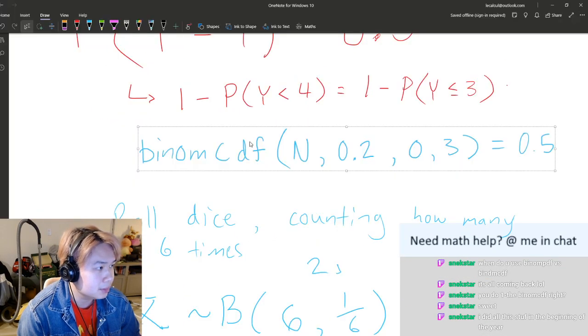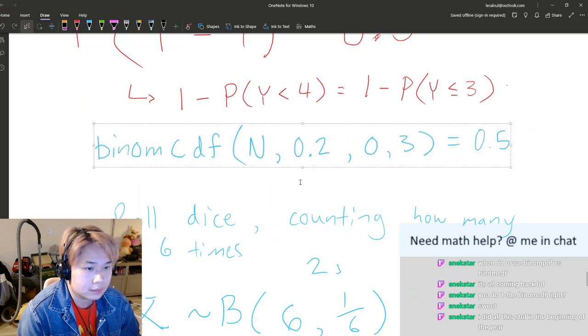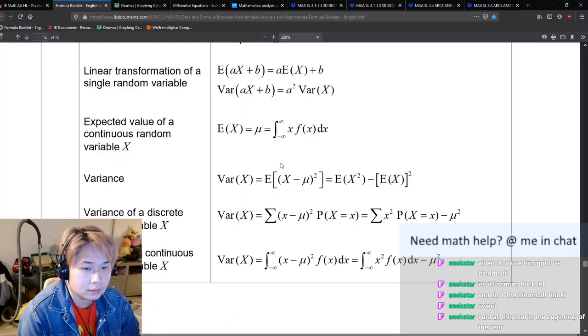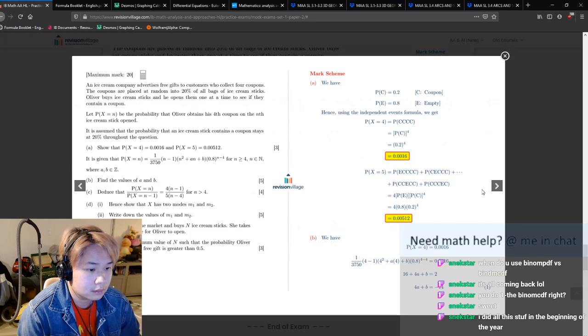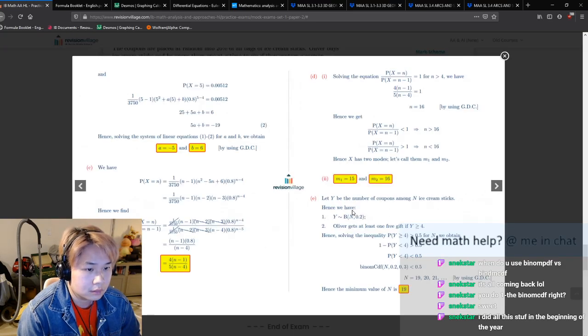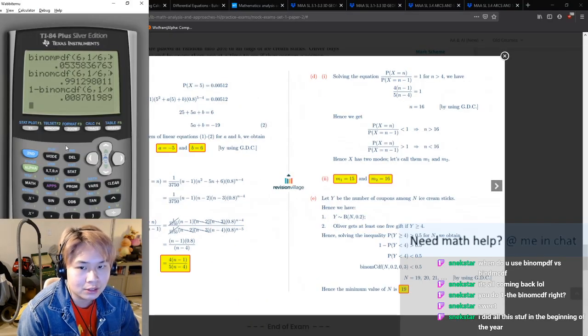Why are they asking you this type of question then? By using GDC. You guys can't see it because it's behind the chat, but it says you just use the GDC once you get to this point to solve for n. So I wonder if I can just do that.